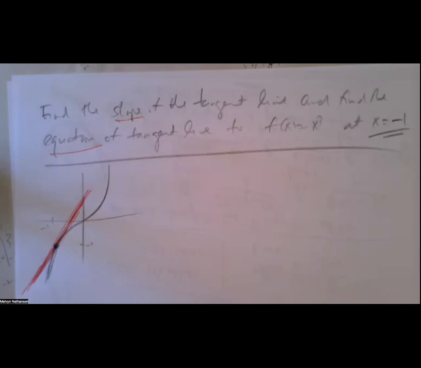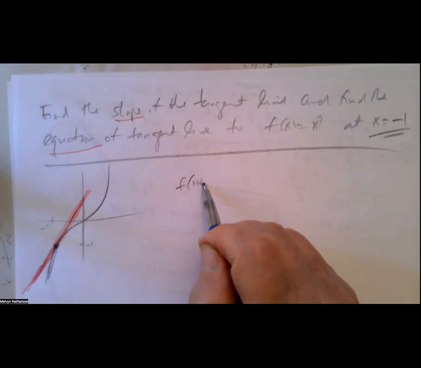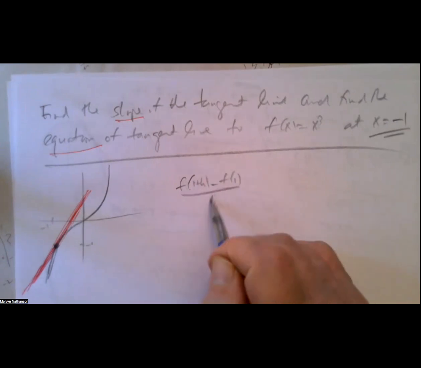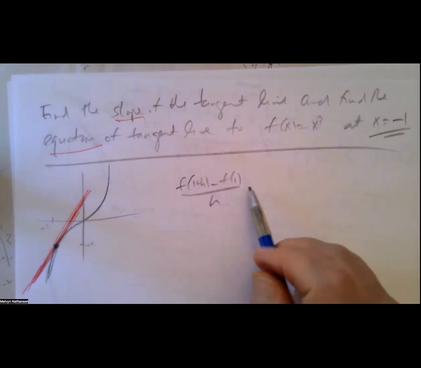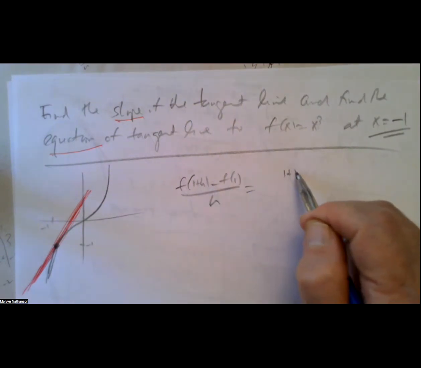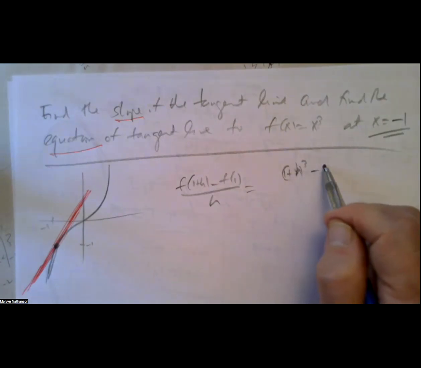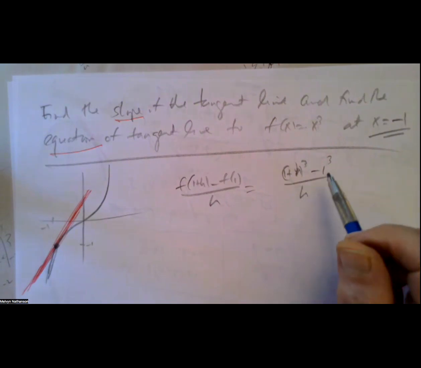So you need to start by setting up f of 1 plus h minus f of 1 over h, which is what? F of x is x cubed. So that's 1 plus h cubed minus 1 cubed over h.